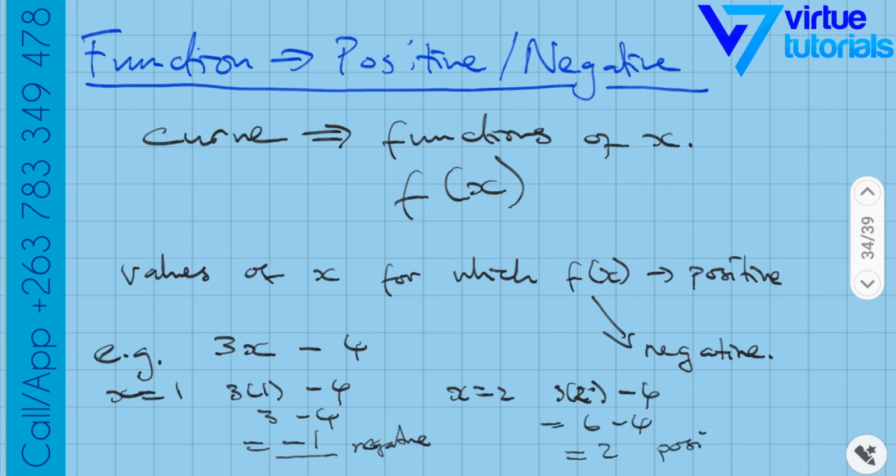That's positive. So there are some values of x which if I feed into this function, I get a positive result, and some values of x which give a negative result. But here, we're looking at it from a graphical view, right?